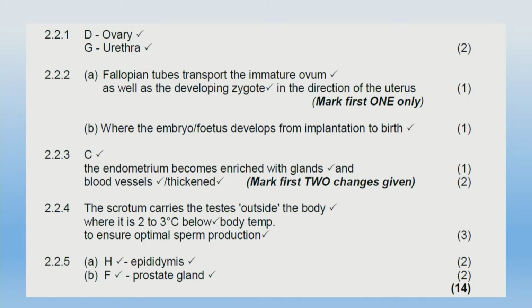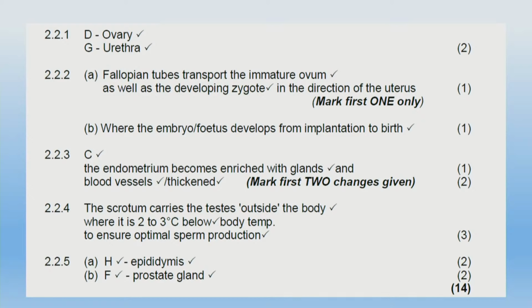As we have said, the letter that represents the endometrium from our diagram is letter number C. Look at question 2.2.3: the two changes in the endometrium which are caused by the hormones, progesterone and estrogen, to ensure the implantation of the blastocyst.